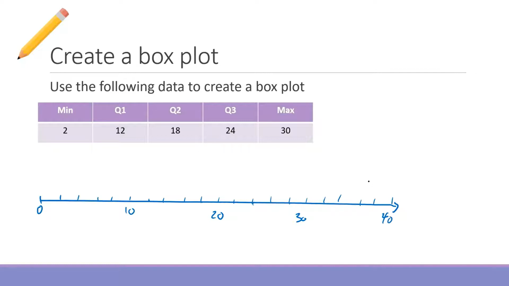Now, you might ask why the heck did I go all the way up to 40 when it stops at 30? I like to go past the maximum just a little bit. I probably shouldn't have gone all the way up to 40. I probably should have done this in groups of 5, 10, 15, 20, 25, 30, 35. Then I would only need to use 7 centimeters. So if I'm with you guys, that's what I would do.